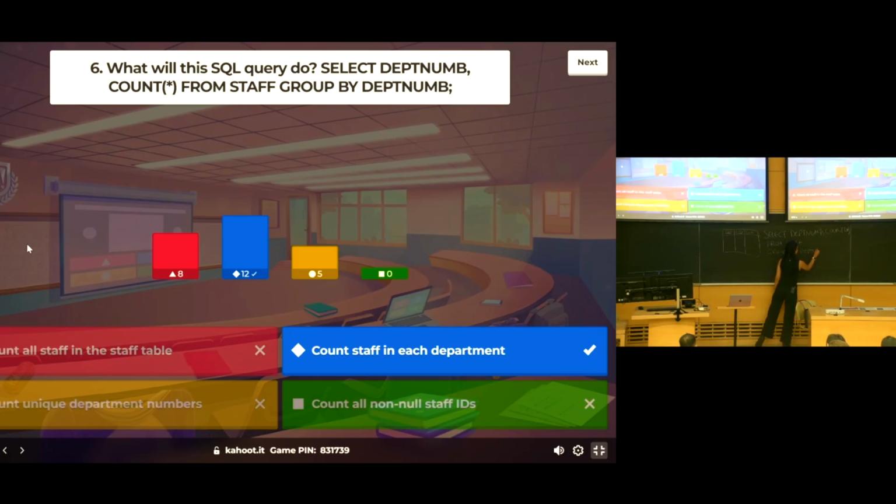So we had this example a lot. So I assumed everyone answered correctly, which I was wrong. Count all staff in the staff table.